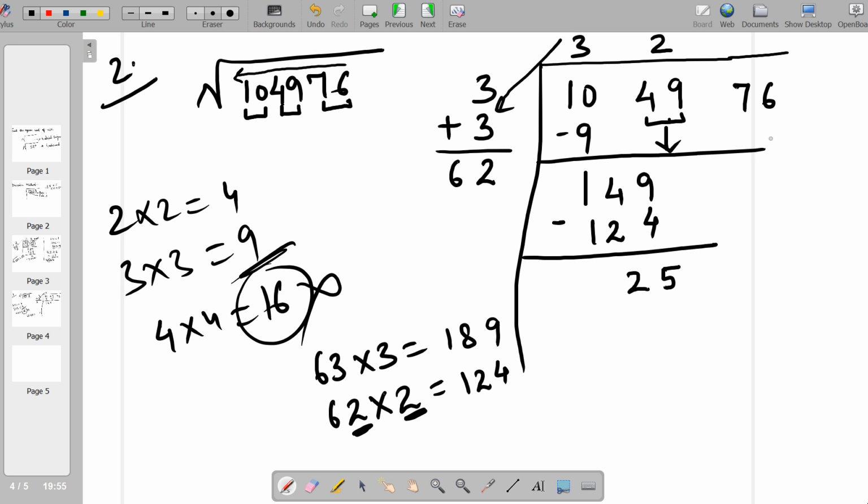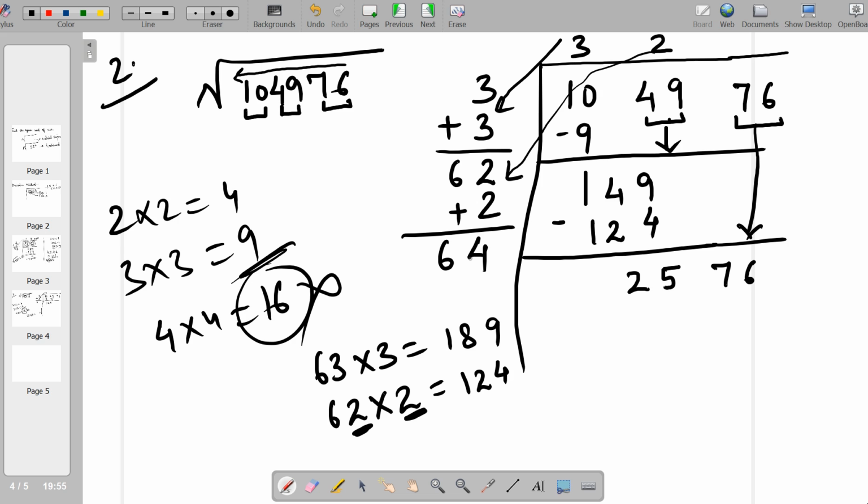Difference is 25. Get this whole number, that is 76, here. So 2576. And what will be the next step for the quotient? This 2 will be added to 62. So this will give you 64.